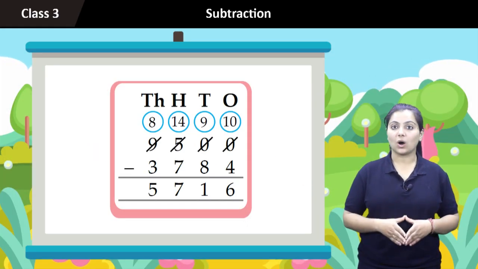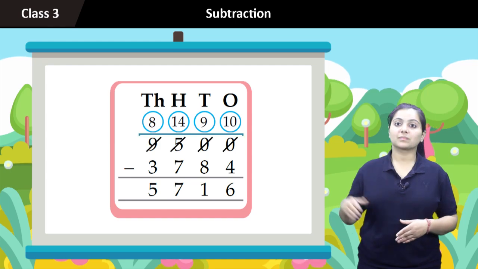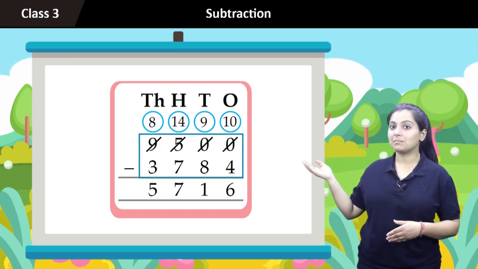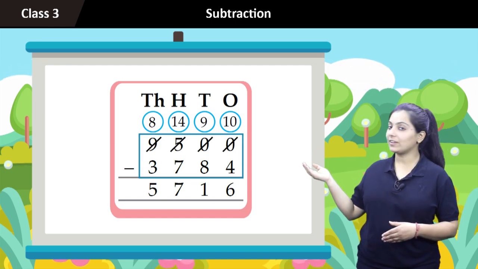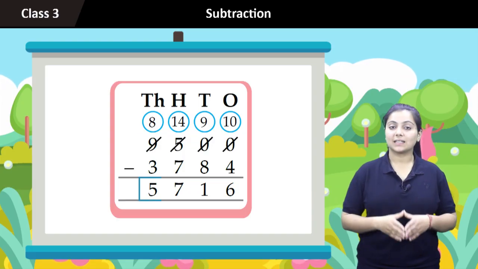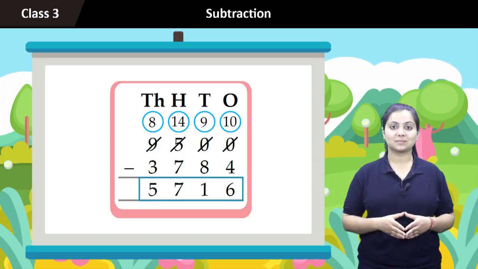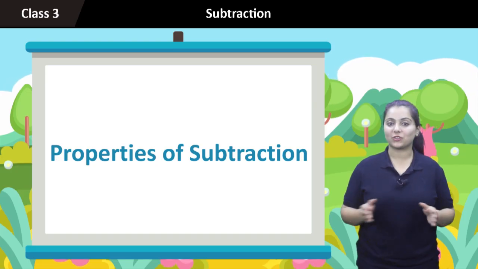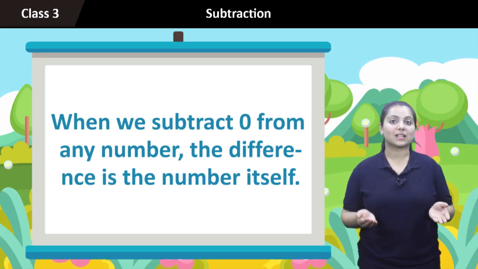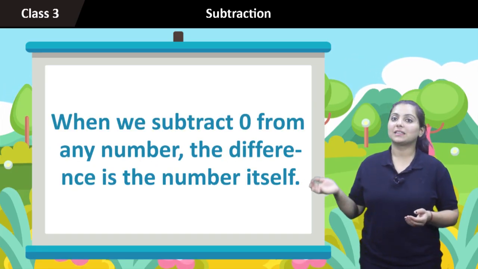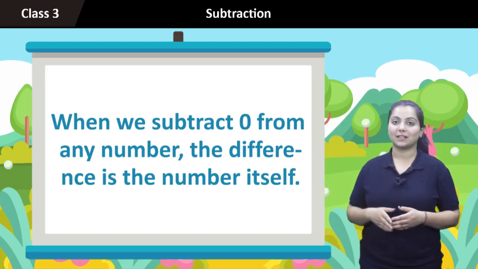Arrange the numbers in columns and then subtract. 9,500 minus 3,784. Thus, the difference is 5,716.